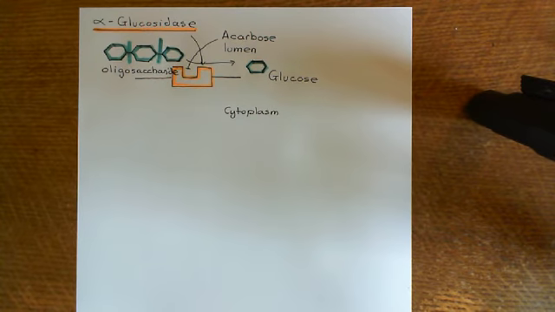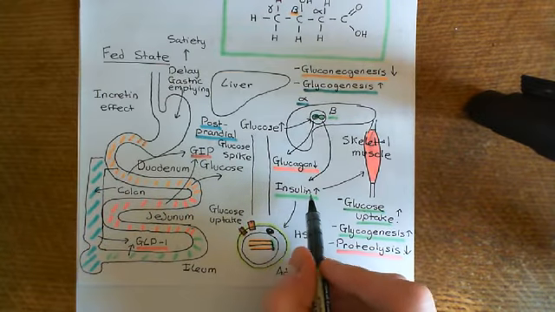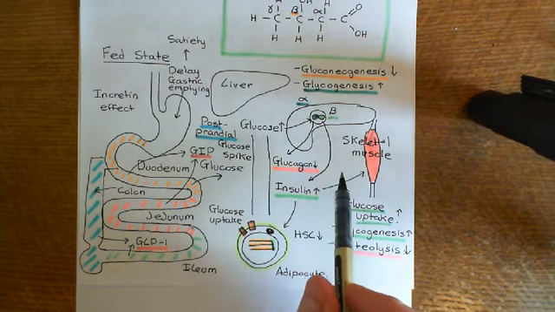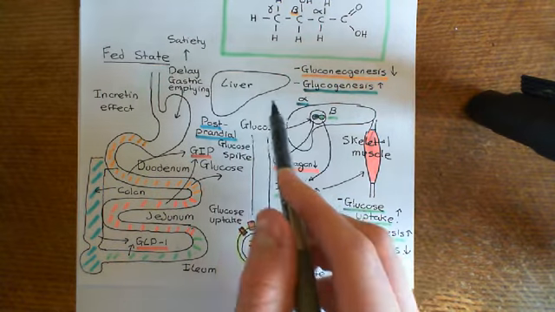Now that is a great advantage if you have diabetes, because remember, if you've got diabetes, you've probably got some sort of problem with insulin signaling. So for instance, if we consider type 2 diabetes, you've got insulin resistance.